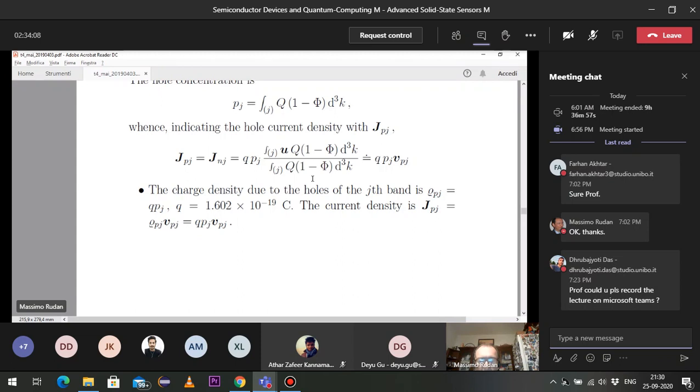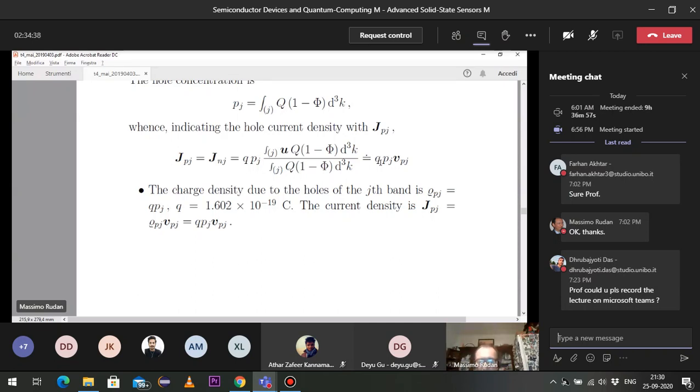Okay, so we call this ratio average velocity of the empty states or average velocity of holes, v_p_j. And we are left with the coefficient Q p_j. Okay, so this is exactly as before, the current density of band of index j.